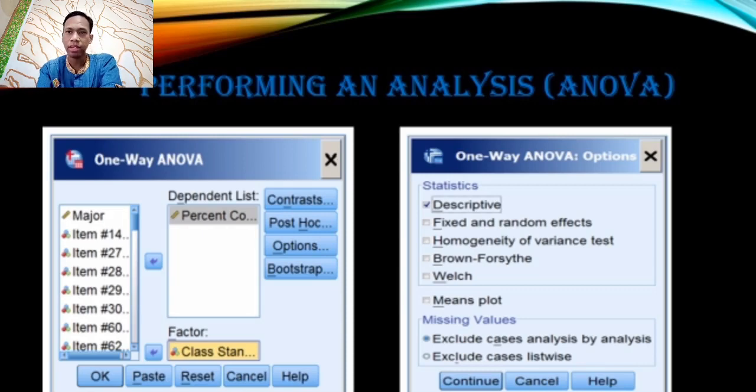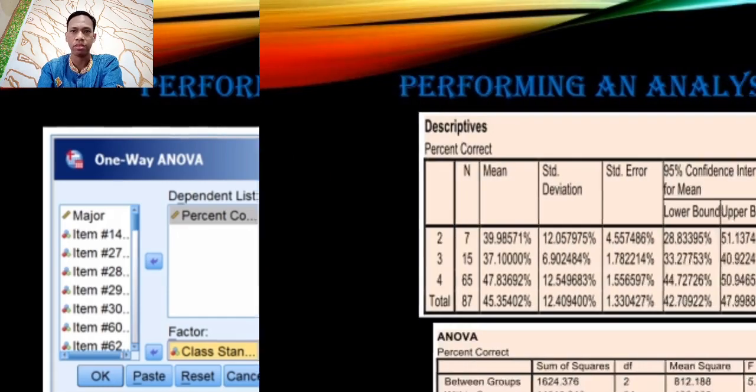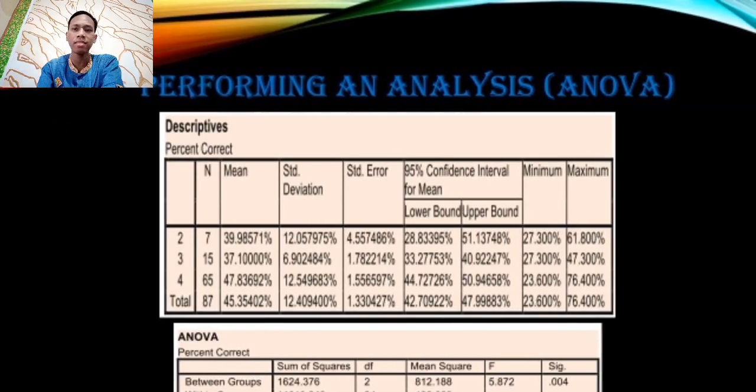And then after that, you click Continue, and once the interface is back to the one-way ANOVA box, click OK. After that, it will provide an output similar to this. The dataset used in this example had 7 sophomores, 15 juniors, and 65 seniors.